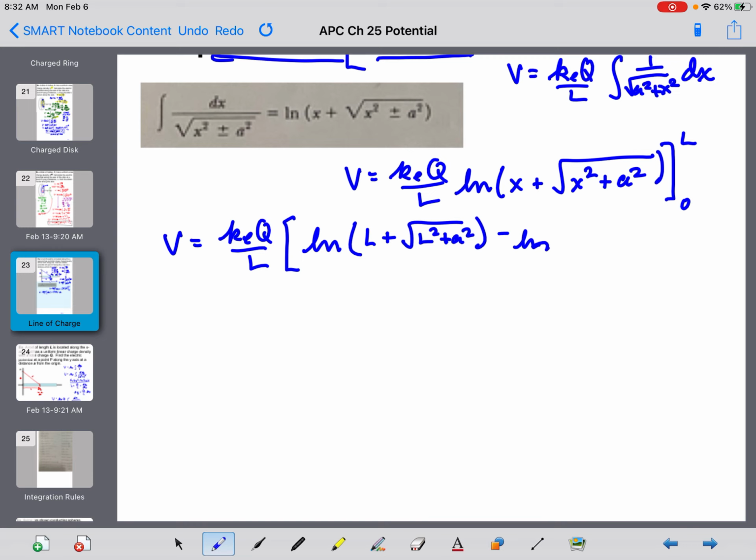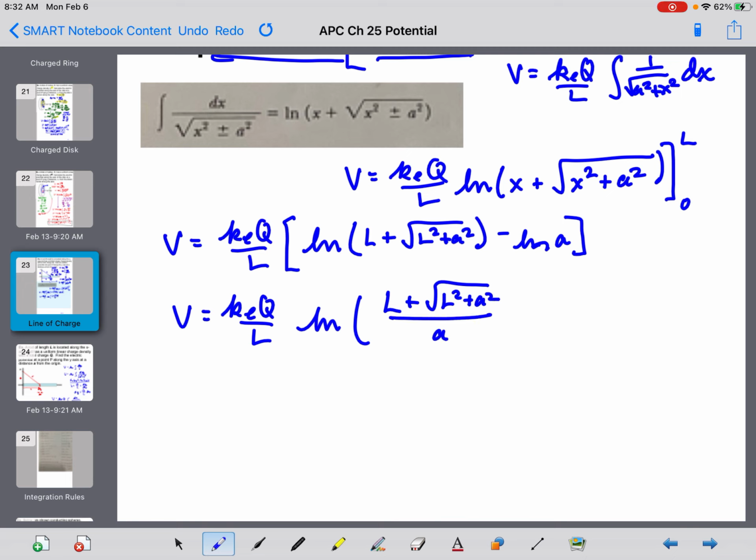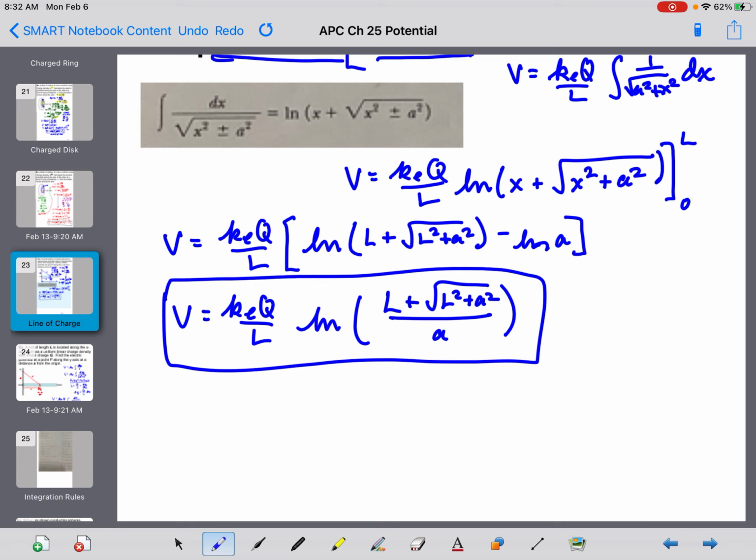The square root of a squared is just a, so we only get the natural log of a there. Applying your log rules, the difference of two logs is equal to the ratio. So the natural log of L plus the square root of L squared plus a squared, over a. Doesn't get any simpler than that.